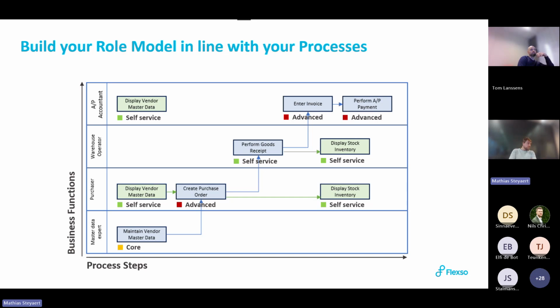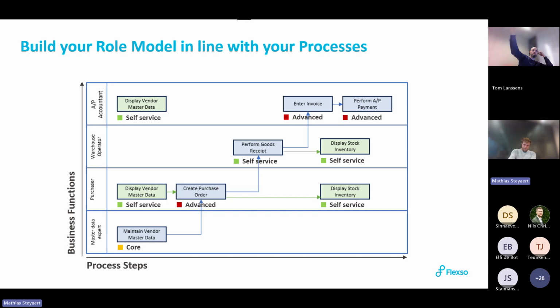So in short, in every process, we have process steps being performed by functions. And we already know from one of the previous slides that each process step is linked to a specific license calculation cost. Correct. That's the key message of this.